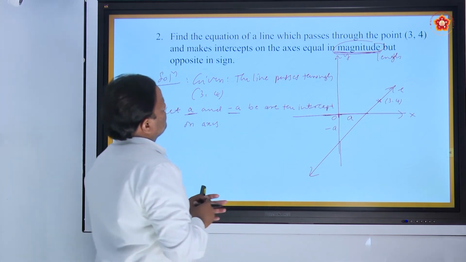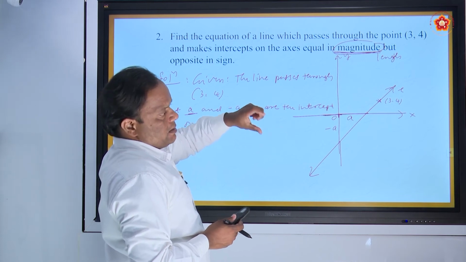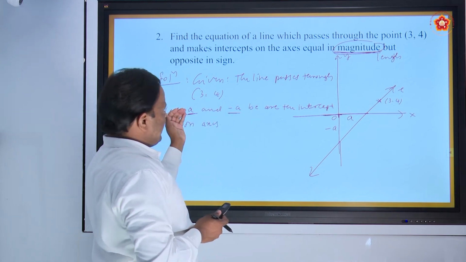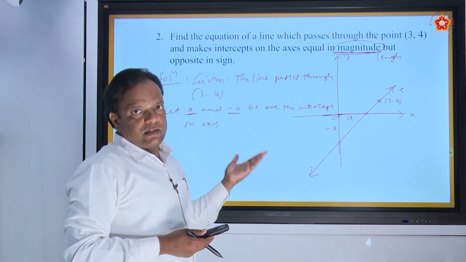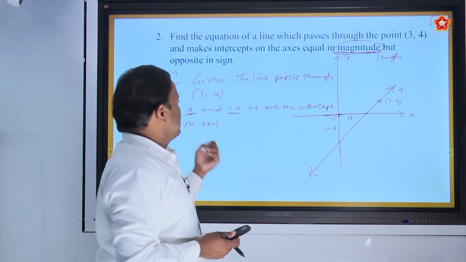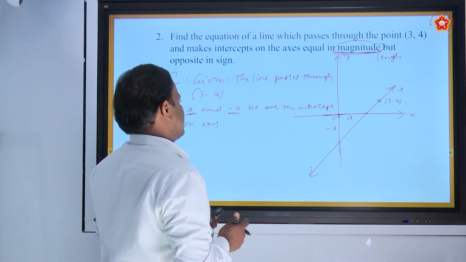Given in the problem, making intercepts on the axes of equal magnitude means the magnitude is the same. If you take A as the x intercept, similarly you take A as the y intercept, but with the opposite sign. So therefore I take A and minus A as the intercepts on the axes.